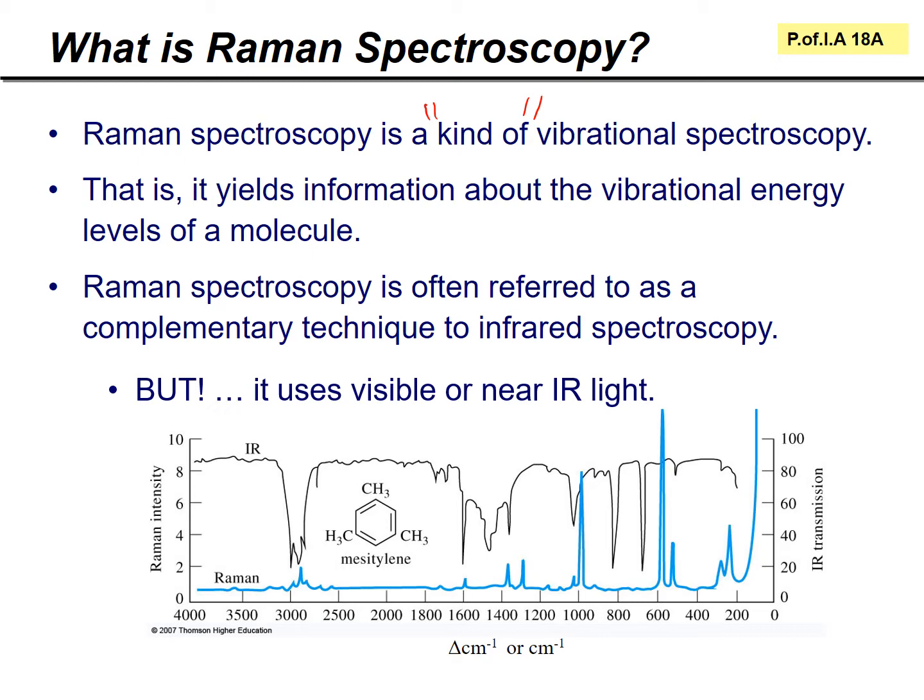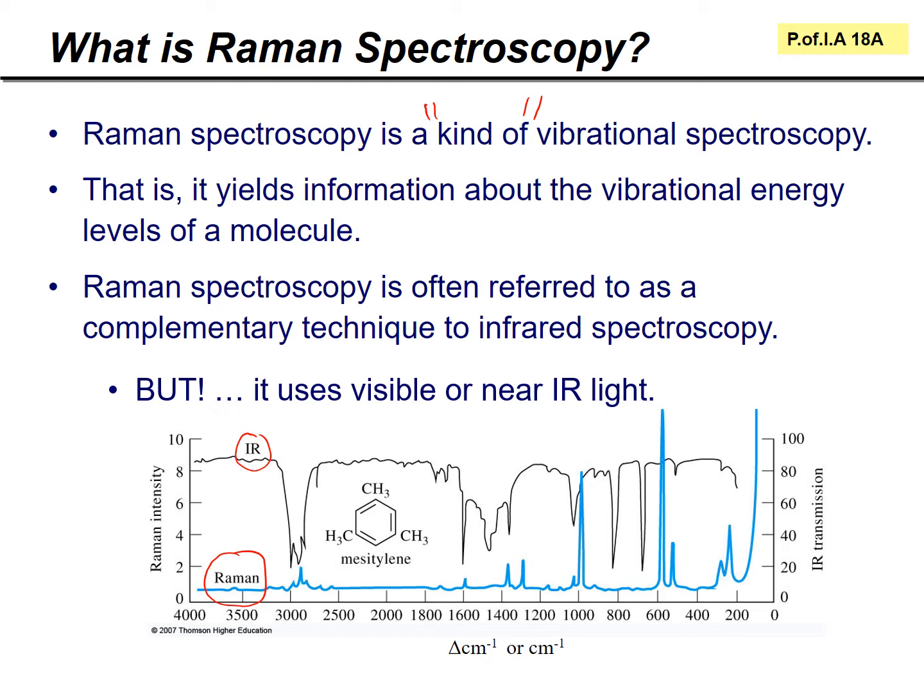However, as we will see, often these transitions, which are not infrared active, give a very good signal in Raman. So between infrared and Raman, pretty much all the vibrations in a molecule can be studied.